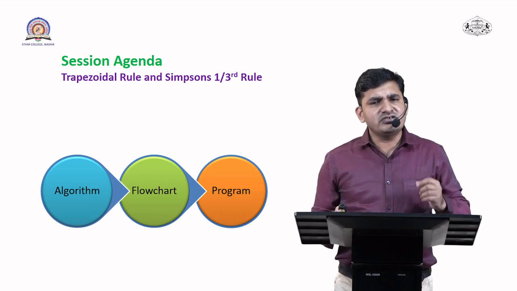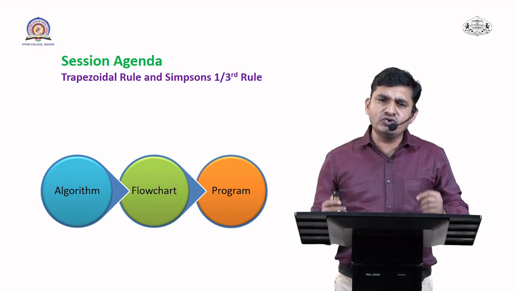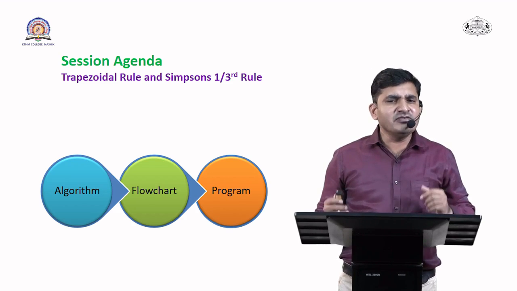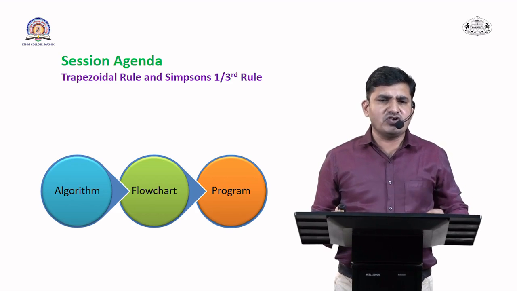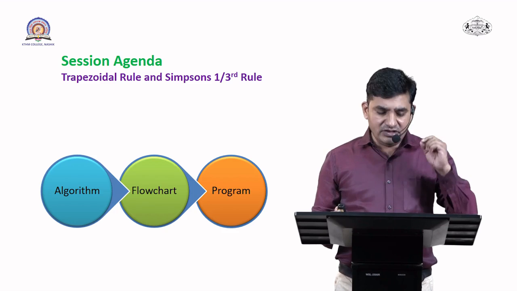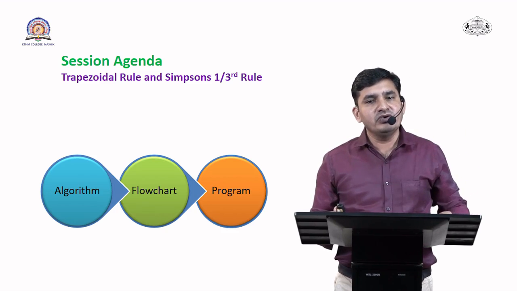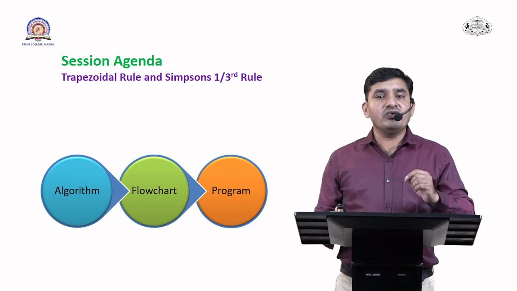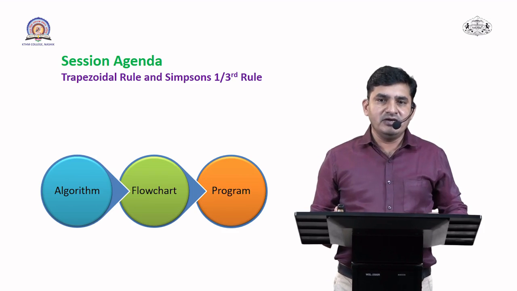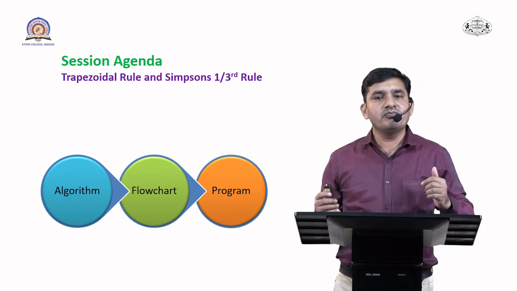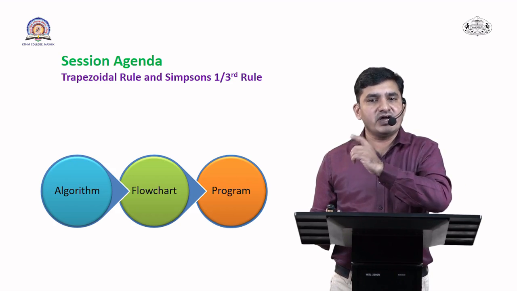We know that the trapezoidal rule is used to find the integration of a given function, and the formula is the integration from x0 to xn of y dx is equal to h by 2 in bracket y0 plus yn plus 2 in bracket y1 plus y2 plus y3 and so on up to yn minus 1.